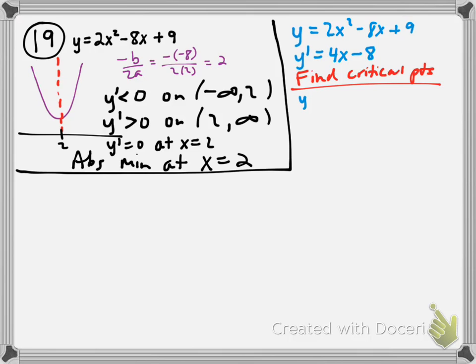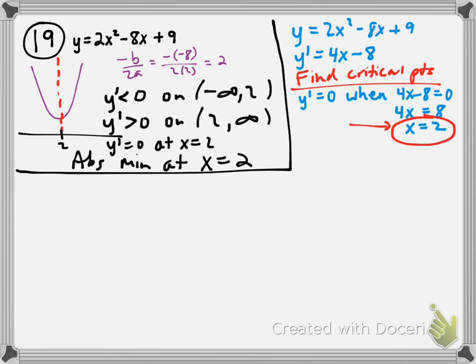Okay, well, y prime is equal to 0 when 4x minus 8 is equal to 0. Well, we know where 4x minus 8 is equal to 0 because we can just solve the equation for x, and if we add 8 to both sides and divide both sides by 4, we get that x is equal to 2. So when x is equal to 2, we have a critical point.